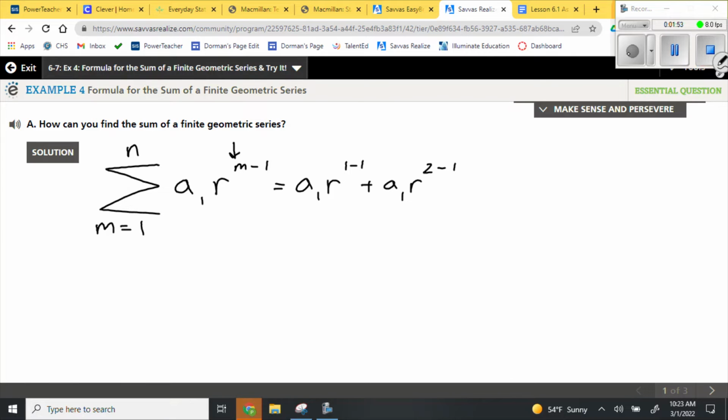M is going to go up one number every term, right? So this would be plus a sub 1 r to the 3 minus 1 plus, and it goes all the way up to a sub 1 r to the n minus 1. Okay, that being, this n tells you where to stop.